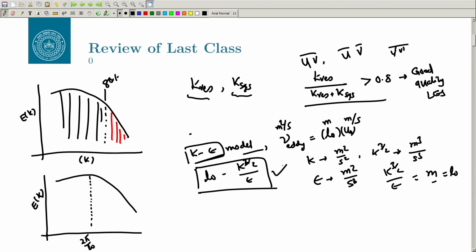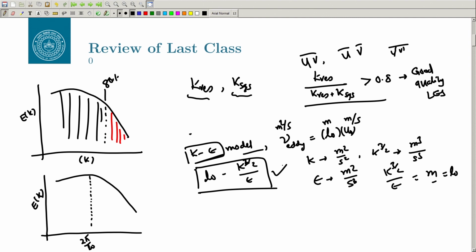I have given the example of the k-epsilon model, but you can use k-omega or any eddy viscosity model, which will have this length scale.